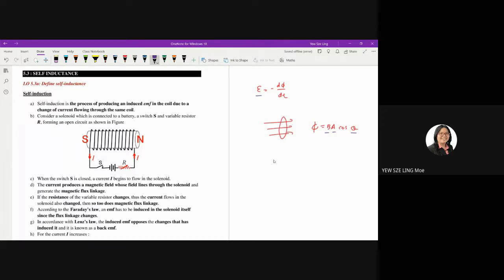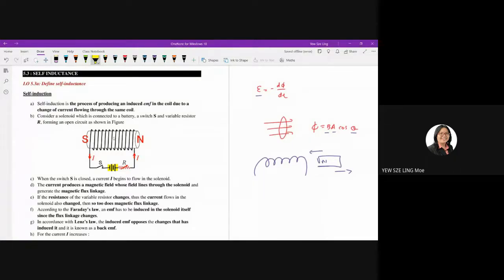In 5.3, what are we going to see? Now we're going to try to manipulate the current. Initially in 5.2, for example, we have a solenoid, and we move a magnet close toward it or away from it to change the magnetic field lines passing through the solenoid. In 5.3, we no longer use a magnet, but we use current to generate a magnetic field through the solenoid.